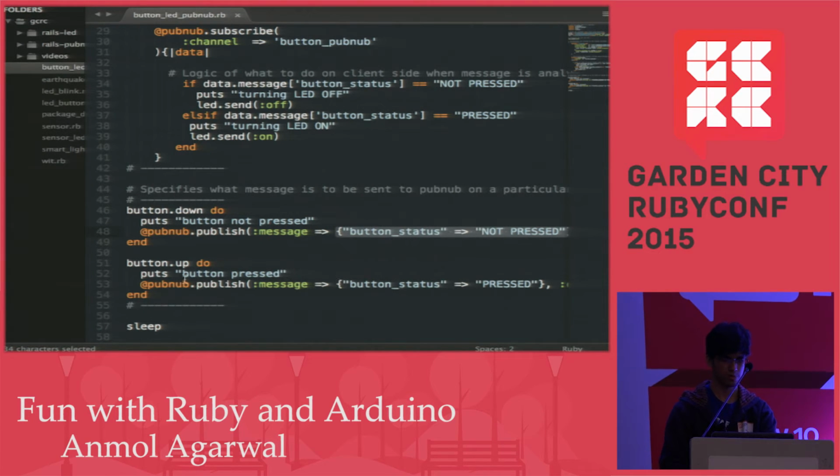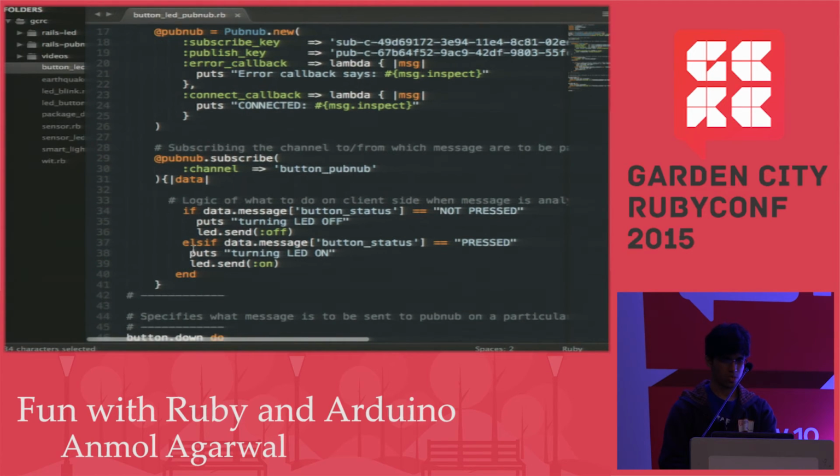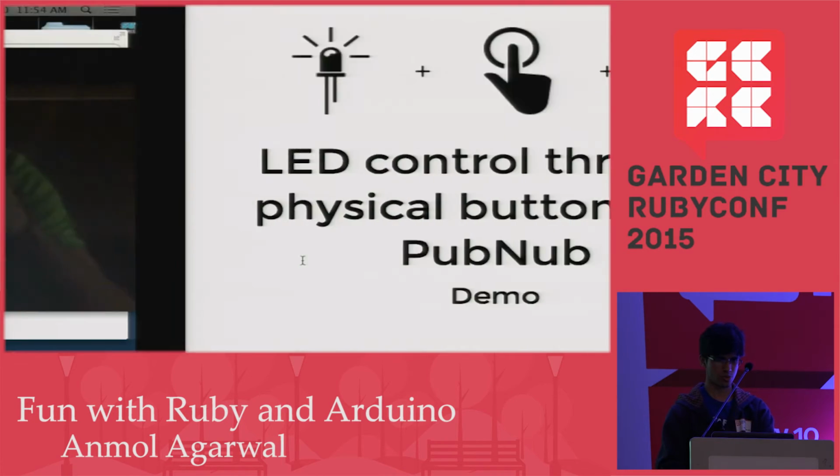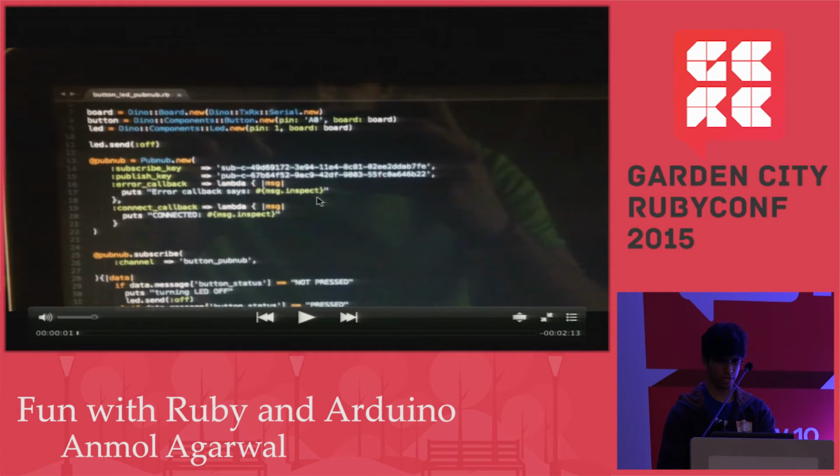When we subscribe, we run the logic on the message we receive. It's already JSON, so we look for the button status key in the returned object. If it's not pressed, turn the LED off. If it's pressed, turn the LED on. Dead simple. So let's run the video of that.